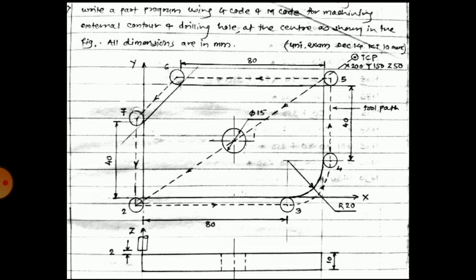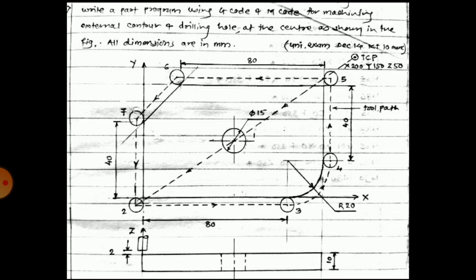So go to Y60 by linear interpolation. Then N70 G01 X20 F350, go to X20. Then N75 G01 X0 Y40, that is point number 7. To move the tool from 6 to 7, this block is used.